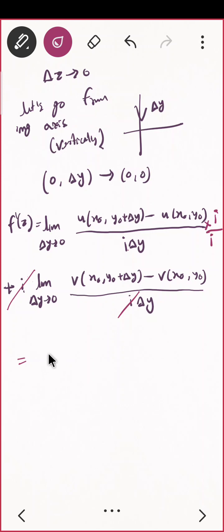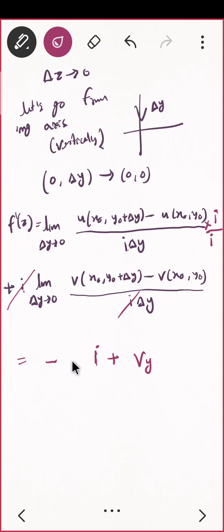Can you tell me what is this term? Delta y, if you forget about this i, that i square is minus 1. So it will be minus something i. What is that something? Plus here your i gets cancelled. It will be Vy.